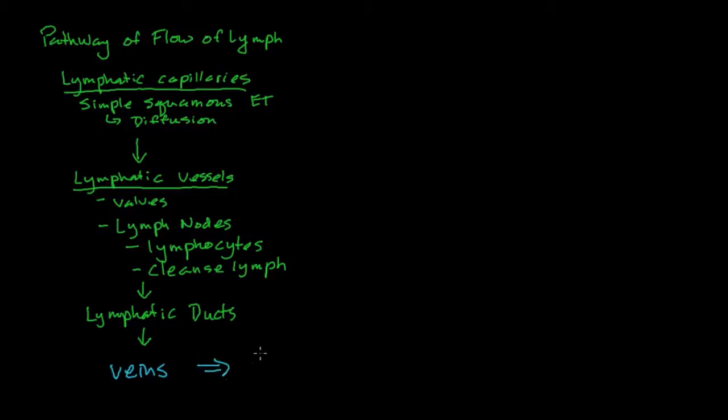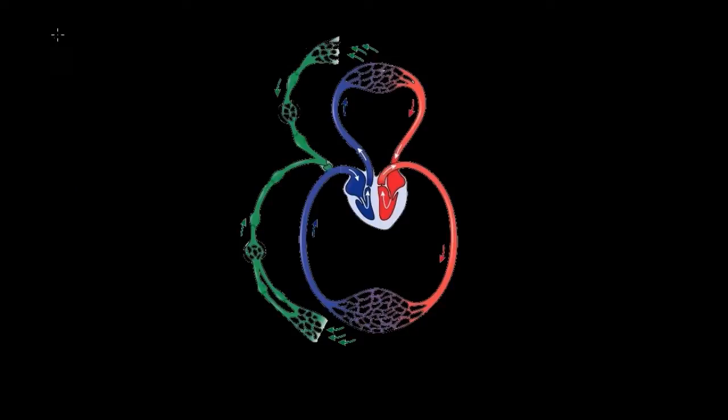Again, veins will dump the fluid back into the cardiovascular system. Now let's take a look at a picture that illustrates the pathway of lymph through the lymphatic system.